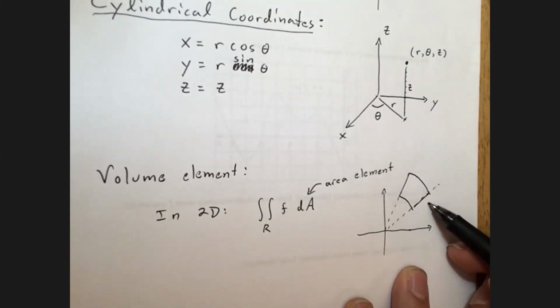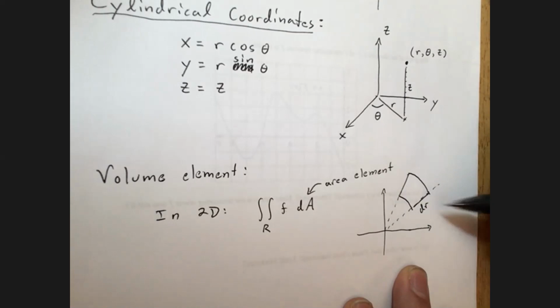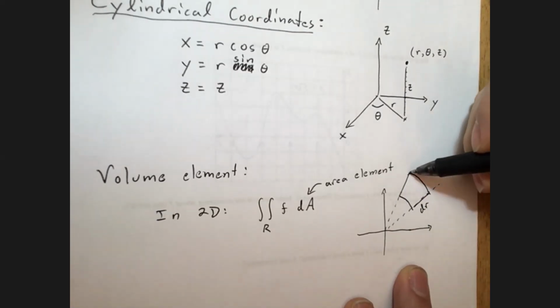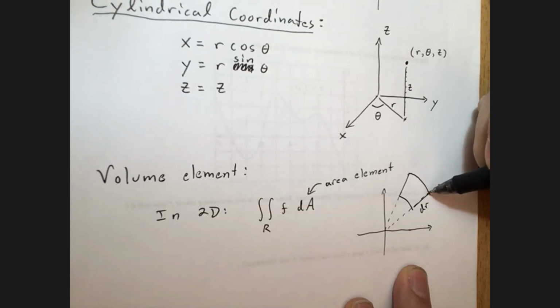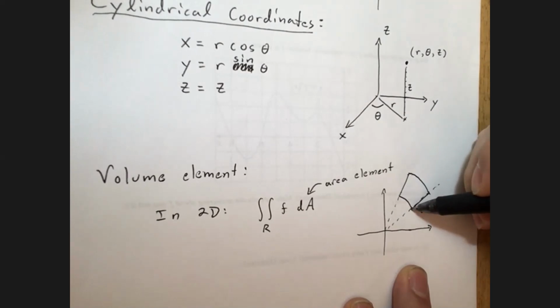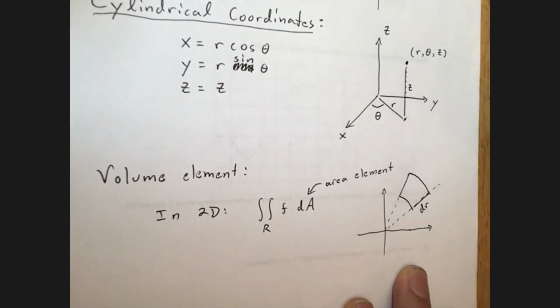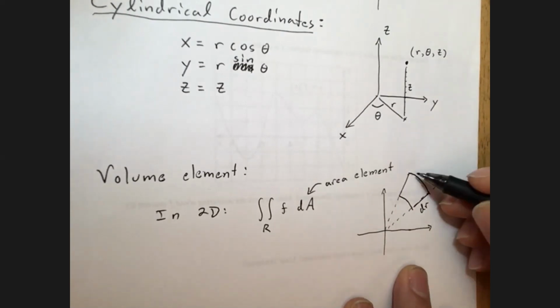The distance in this direction is what we call a small change in r, that's dr. And naively, you might first think, oh, then the distance in this direction is d theta. Well, that doesn't quite work because you'll notice it's different here than here. The distance in this direction depends on r. And we talked about how we have to use the formula for arc length to get this distance.